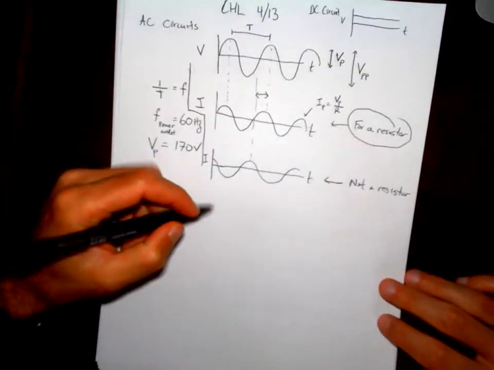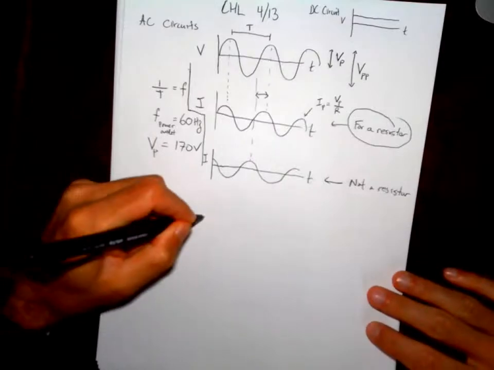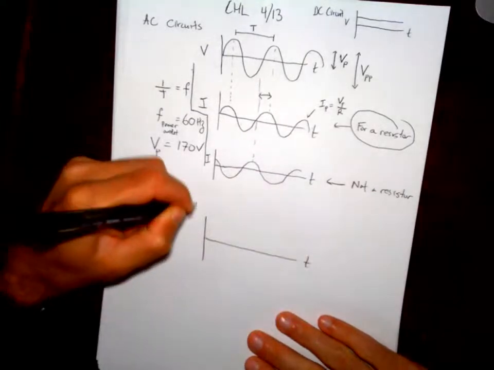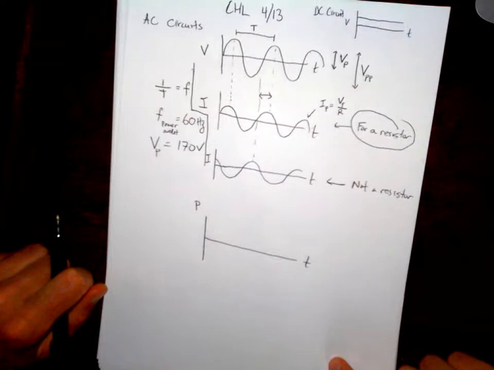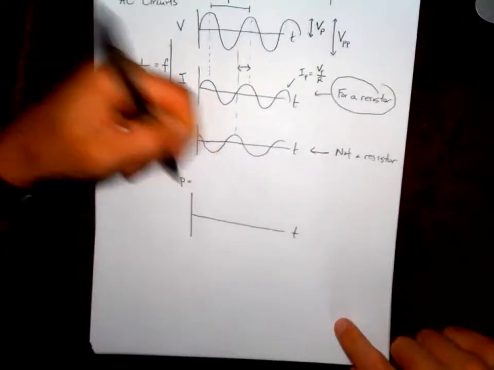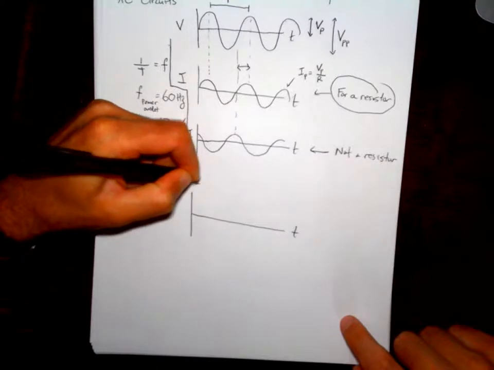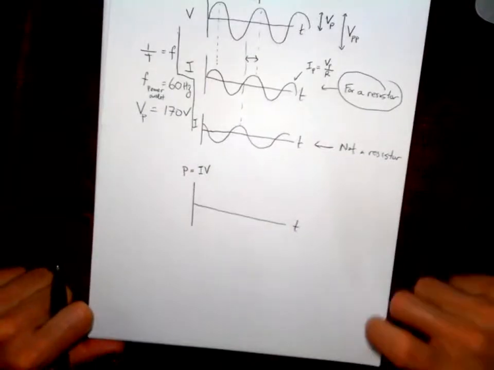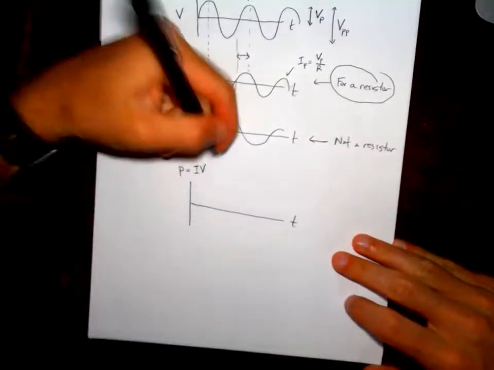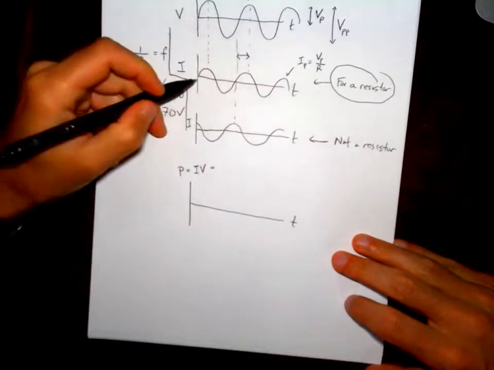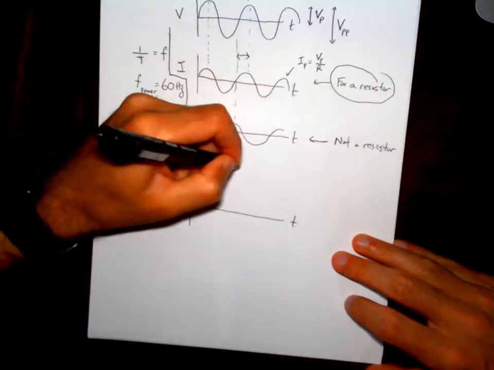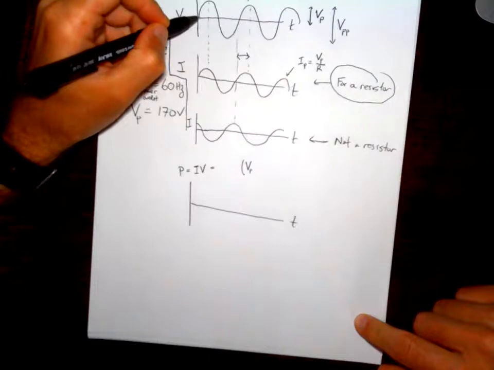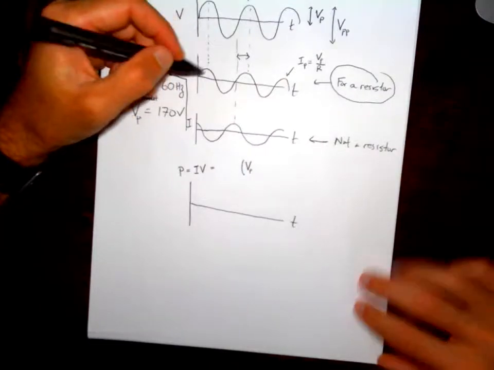So what if we were to graph power versus time? Well, you might recall that power is equal to I times V. Now, my voltage could be described as V sub P times, in this case, a sine. Hey, Selma.